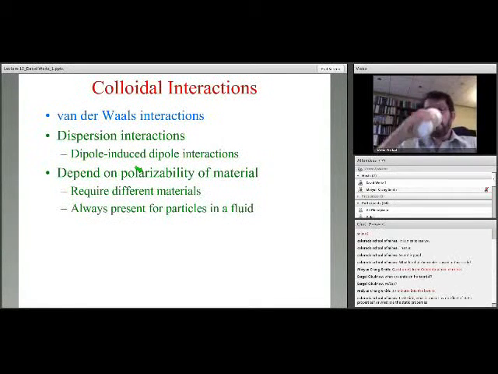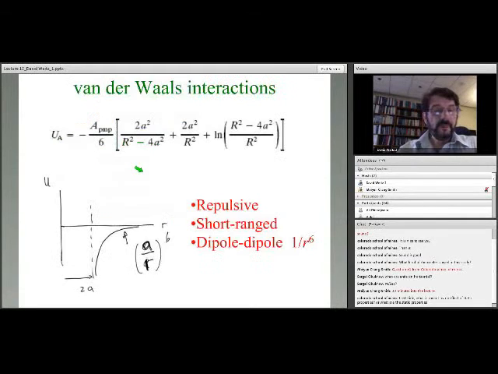This is the equation for the van der Waals interaction. I'm not going to go into it in great detail. The type of interaction that you have is shown schematically here. It falls off as 1 over r to the 6th. It really goes from the surface, not from the bulk.